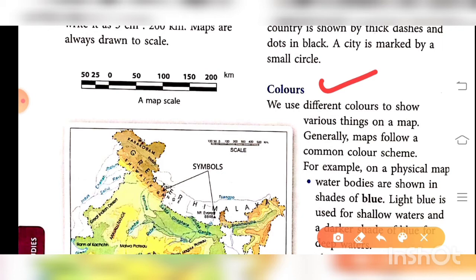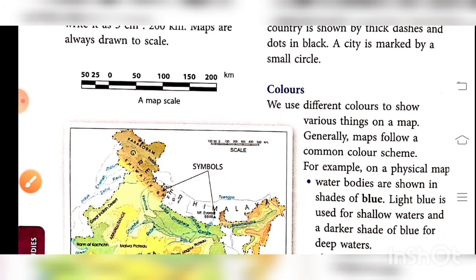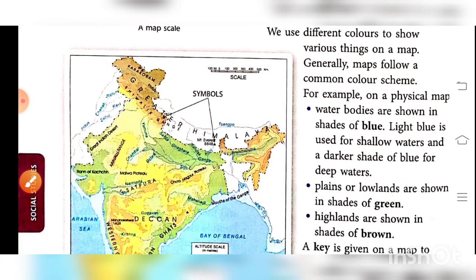So students, in the map, different colors are used to show different things, and maps always use common colors which are used all over in maps. So how are these colors represented? Look here.